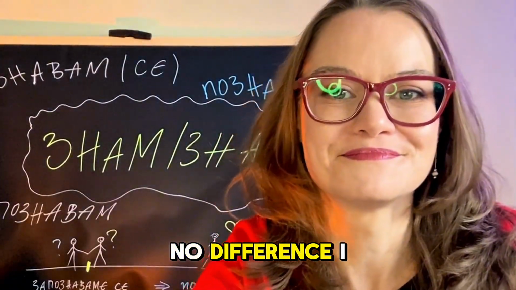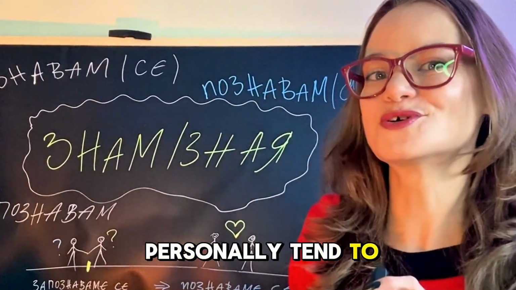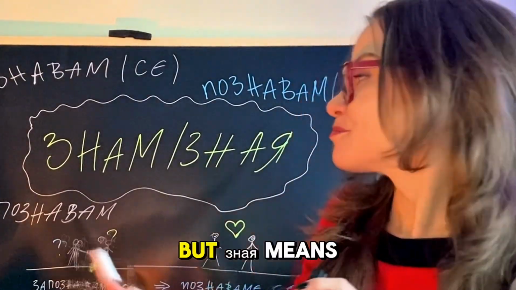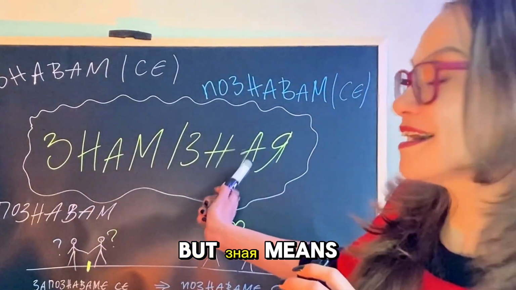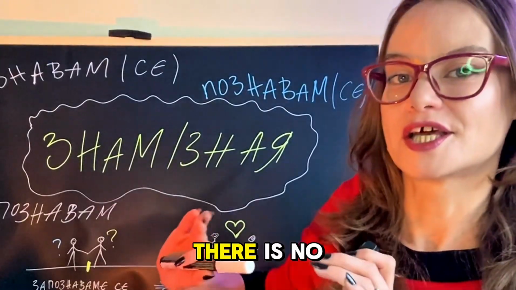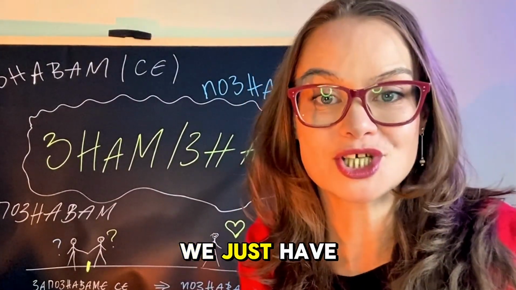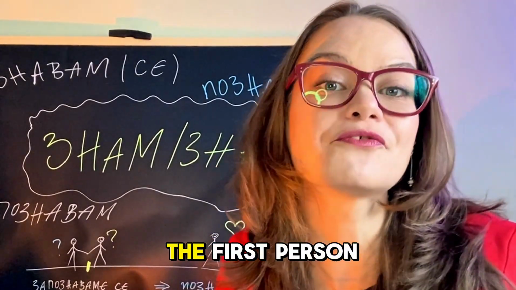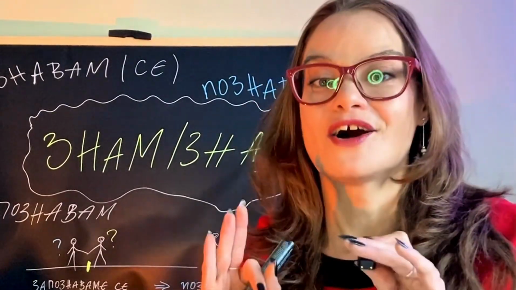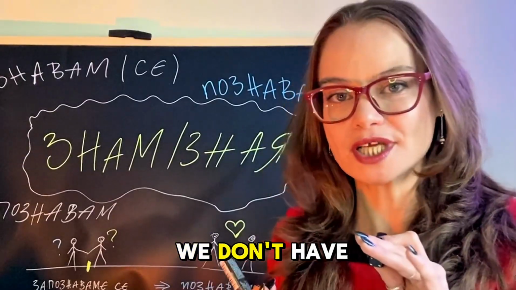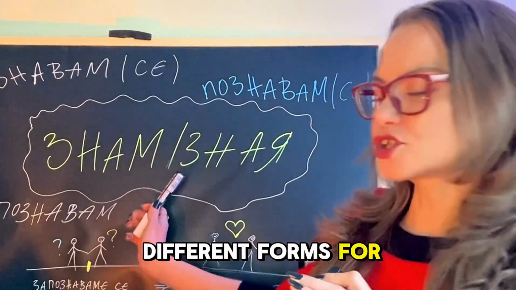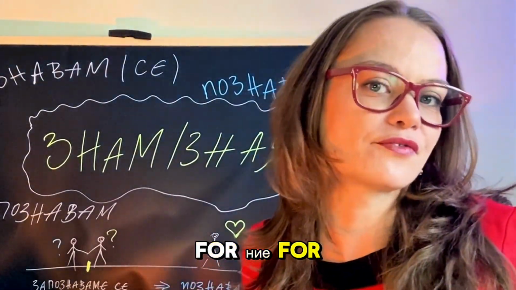No difference. I personally tend to use more Знам, but Зная means absolutely the same. There is no difference in the meaning, there are not different aspects. We just have two forms for the first person only for us. We don't have different forms for ти, той, тя, ние, вие, те.